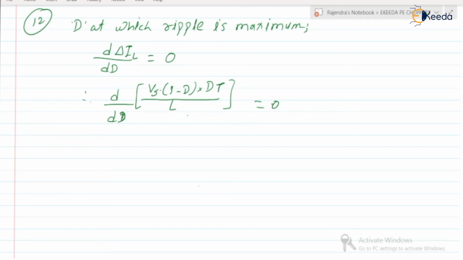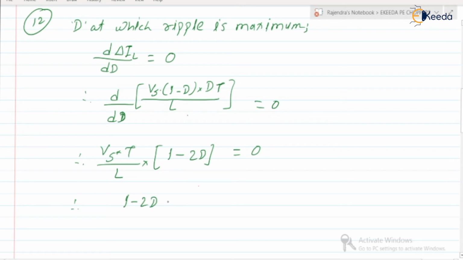Differentiating, it is Vs into T divided by L as it is, into the bracket (1 minus D) into D. It is D minus D square, so it is 1 minus 2D, and we need to equate it to 0. So 0 into L is 0, 0 by Vs into T is 0, so 1 minus 2D is equal to 0. Therefore D is equal to 1 by 2, which is 0.5.